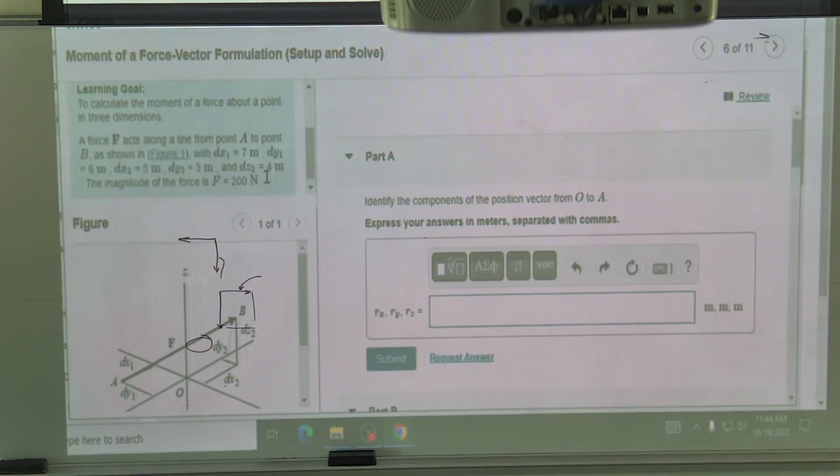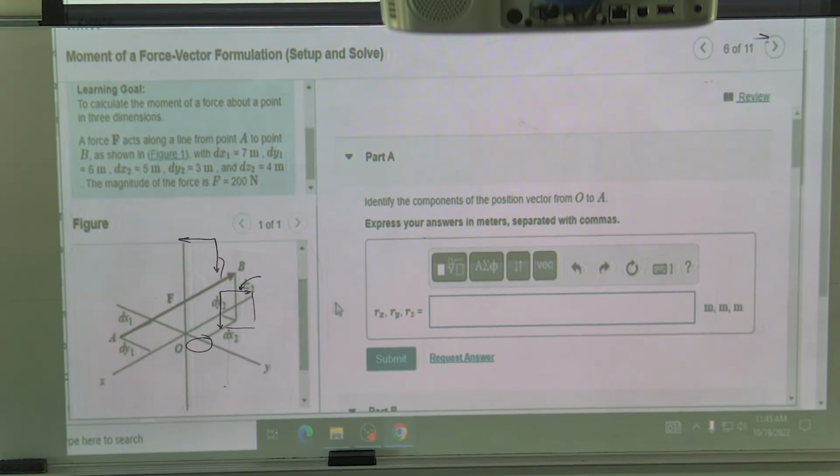Okay, this is just a bunch of, okay. Gosh, that's a confusing drawing.